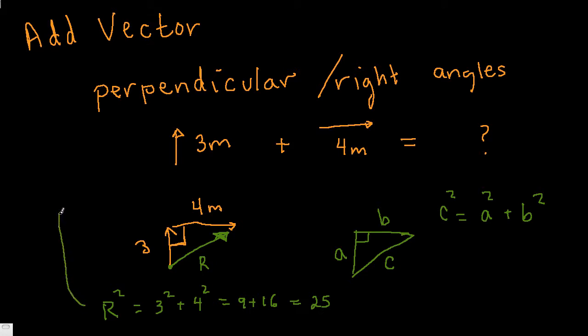So we know that R squared equals 25. But nobody cares what R squared is, we want to know what R is. So we'll take the square root. R is equal to the square root of 25, which is 5. So 3 plus 4 equals 5 in the strange world of perpendicular vectors.